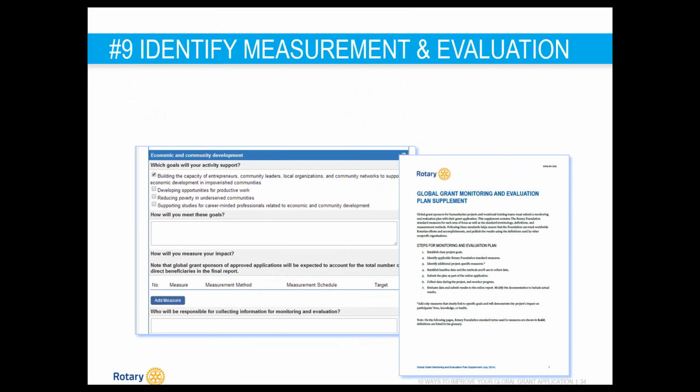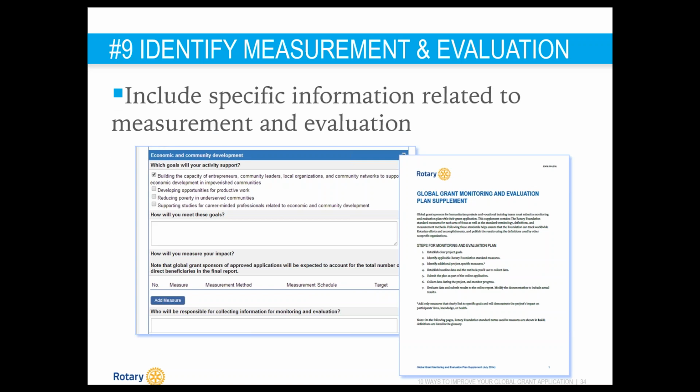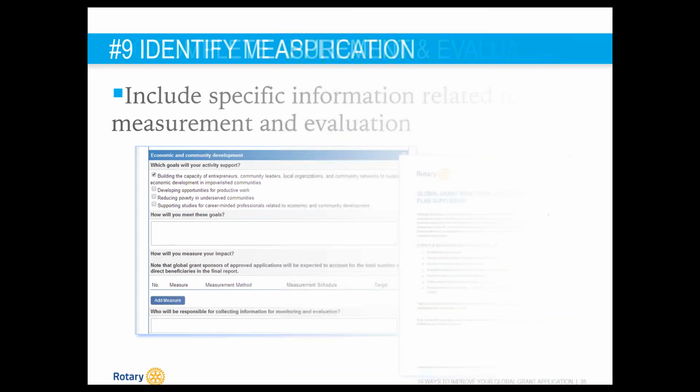Step 9. Identify measurement and evaluation. Include specific information related to measurement and evaluation. The image on the screen shows where you will enter this information into the online system. We have resource materials to help you design your measurement and evaluation plan for your project.